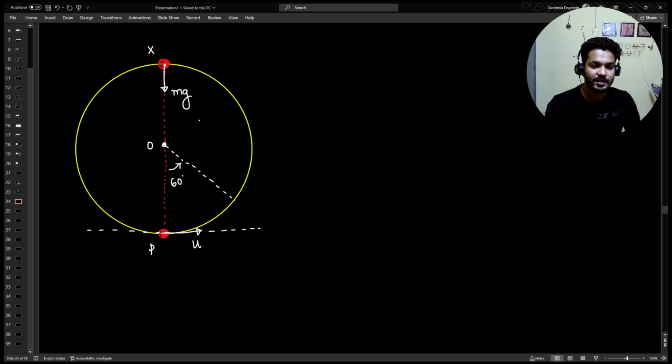Okay, so the second location, T2, is at the highest point. Again, if I make the FBD at the highest location, guys, can you tell me what are the two forces acting on this bob? Well, there is mg acting downwards and tension also acting downwards, and the acceleration is in which direction, guys?